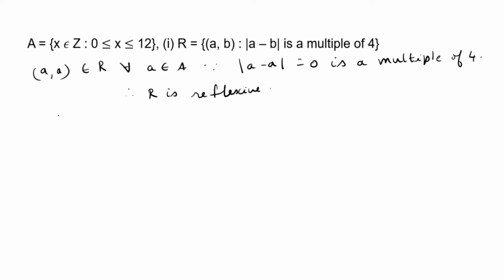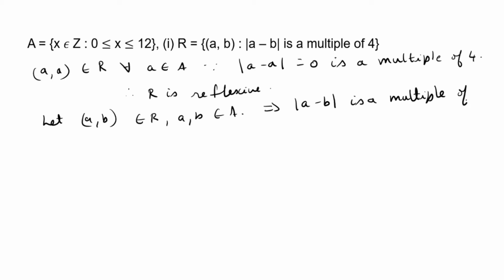Now let us prove R is symmetric. Let (a, b) belong to R, where a, b belong to A. If (a, b) belongs to R, it means |a − b| is a multiple of 4.